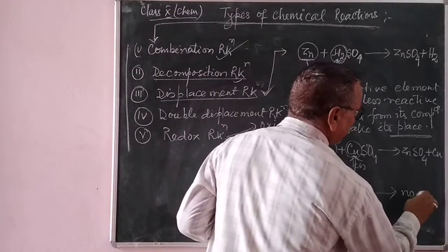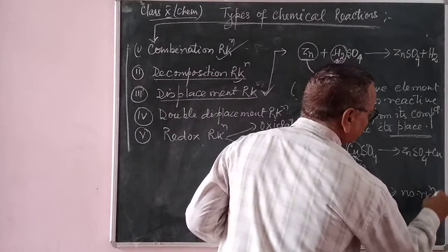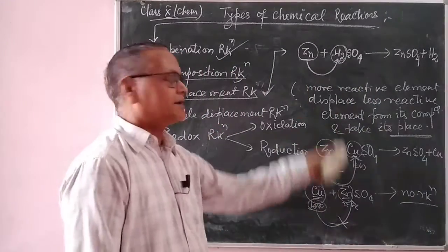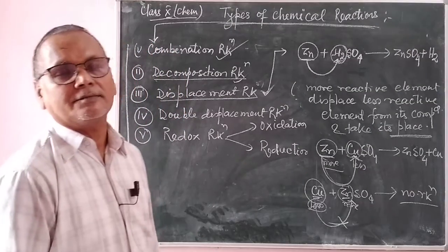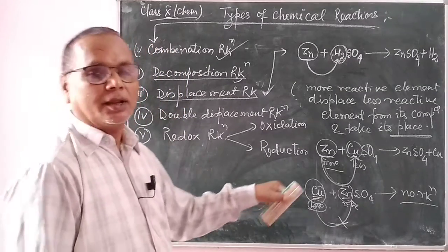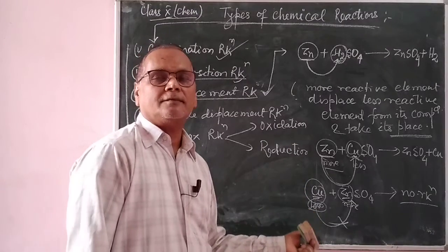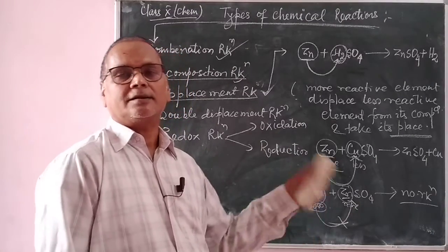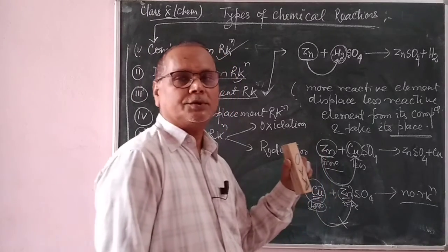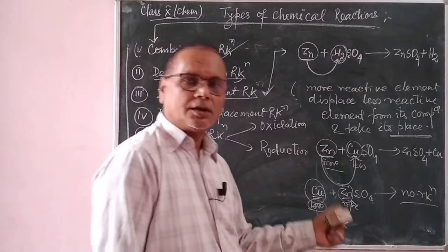It means no reaction, no displacement reaction takes place. So this reaction is based on the reactivity series. If there is a more reactive element, that element can displace the less reactive element from the compound. Is it clear?